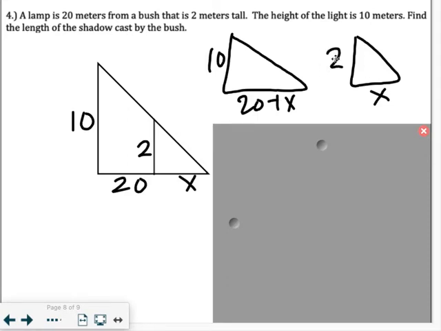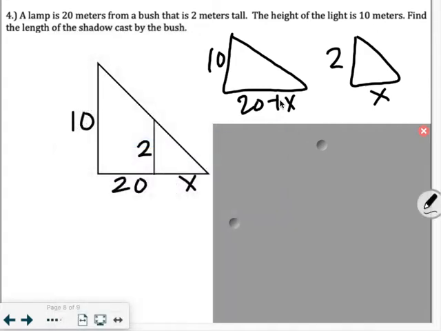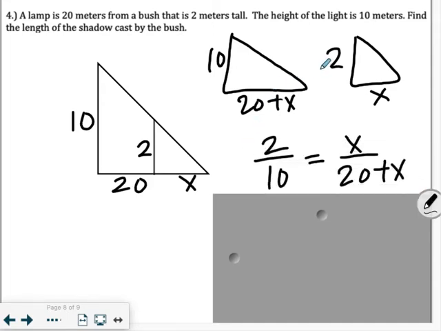The little triangle over here has a height of 2 and a length of x. So then the proportion 2 over 10 equals x over 20 plus x might be one that you write.